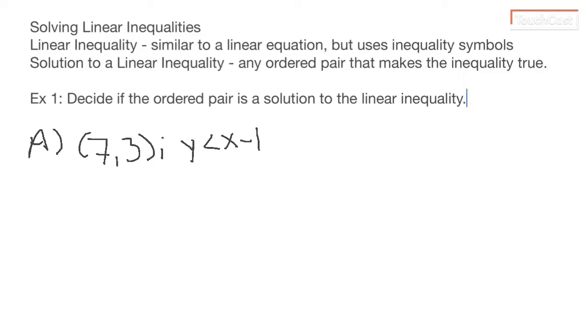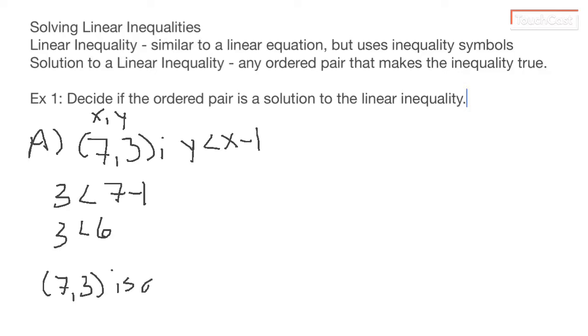We're just going to substitute 7 and 3 for x and y, since an ordered pair is written as an x and a y coordinate. So is 3 less than 7 minus 1? 7 minus 1 is 6, and 3 is less than 6, so that means (7, 3) is a solution.